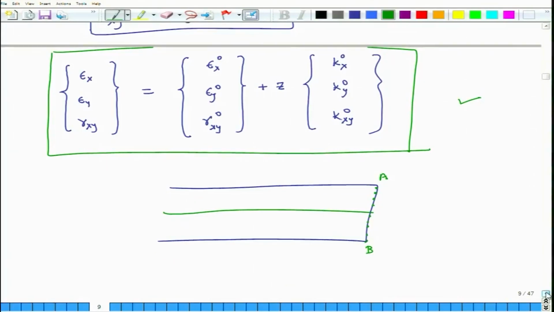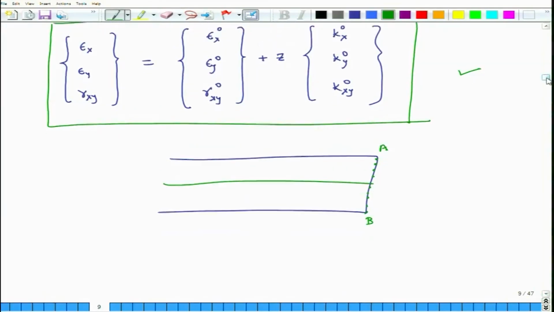Okay. So, the point is that I can, for all the points on line AB or actually AD, which we used earlier, calculate strains.